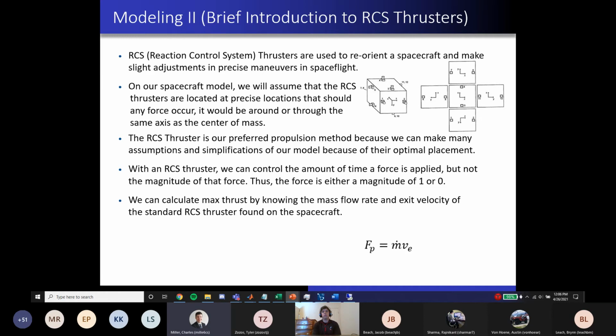It's a lot more complex than a cube, of course, but each thruster will be equally spaced on each axis. We'll assume that the thrusters are located at precise locations so that should any force occur, it would be around or through the same axis as the center of mass. So this would allow for very precise movements. We don't have to worry about tiny little moments created because everything is nice and balanced. So next slide.